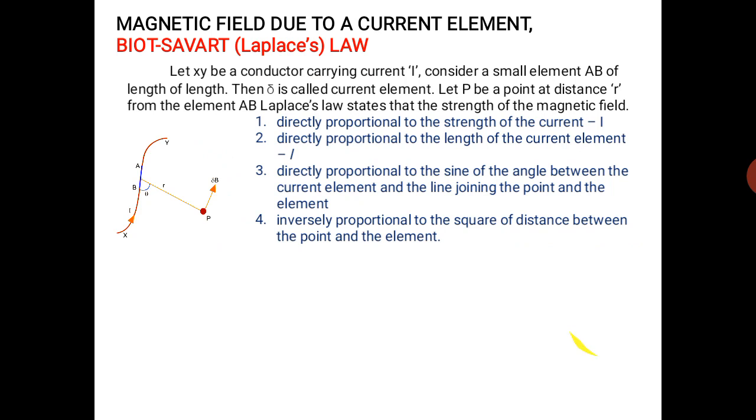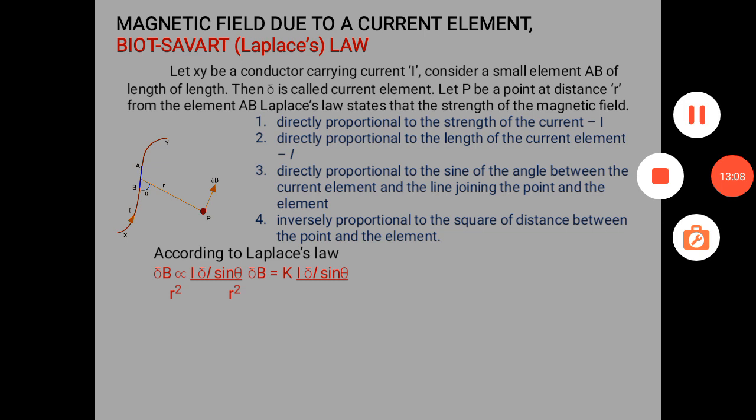So by combining these four, we can write dB proportional to I dl sin theta divided by r square, or dB equal to some constant k times I dl sin theta divided by r square.